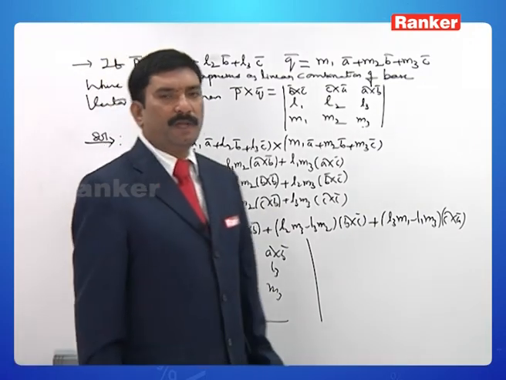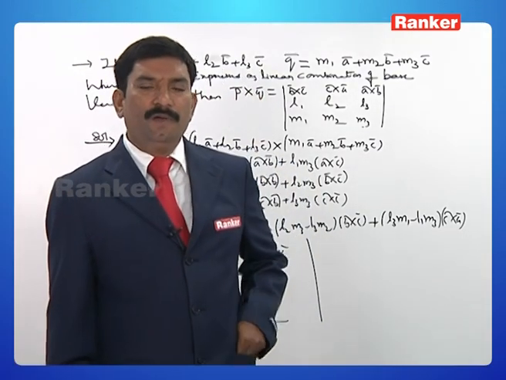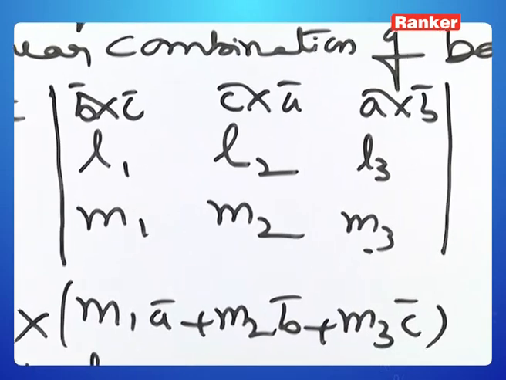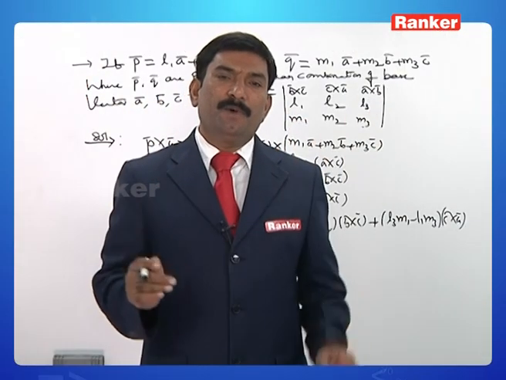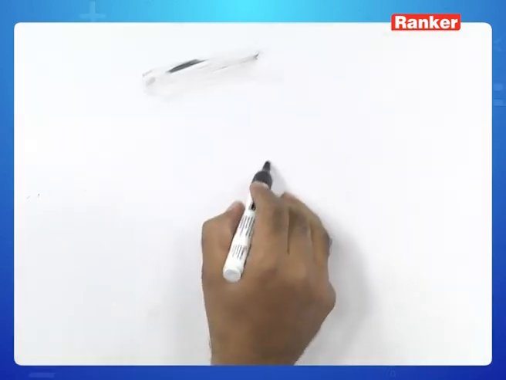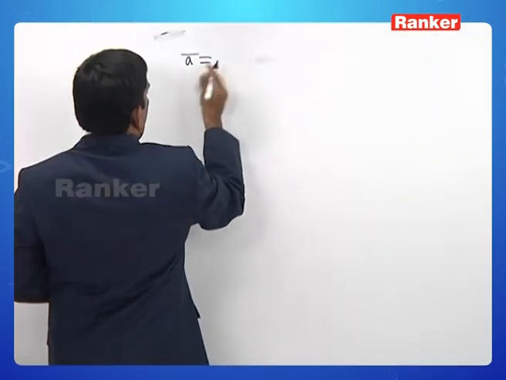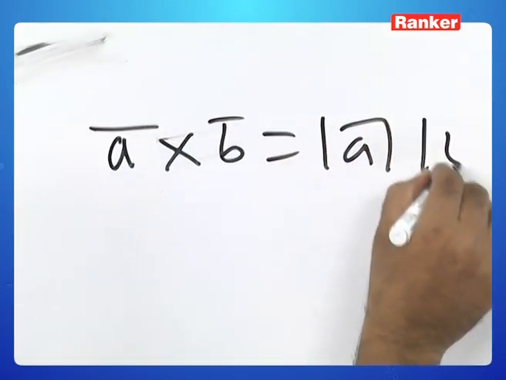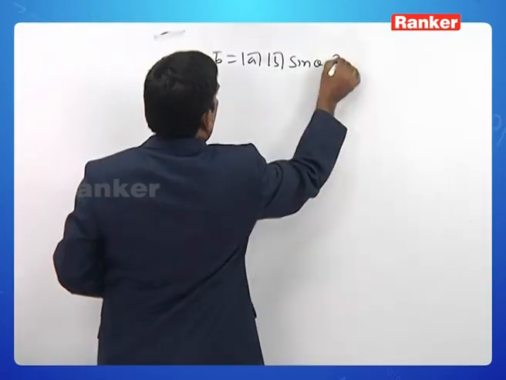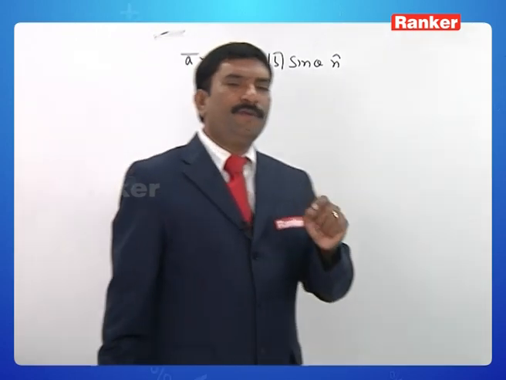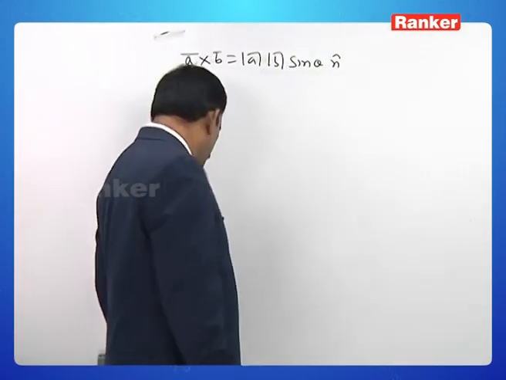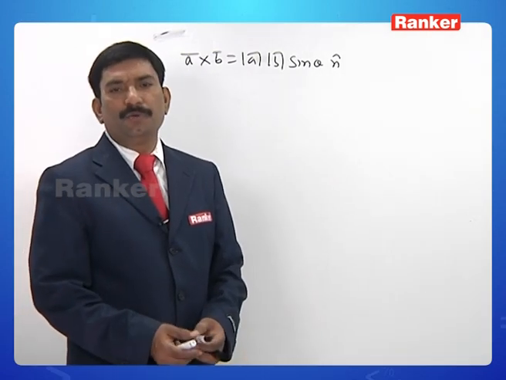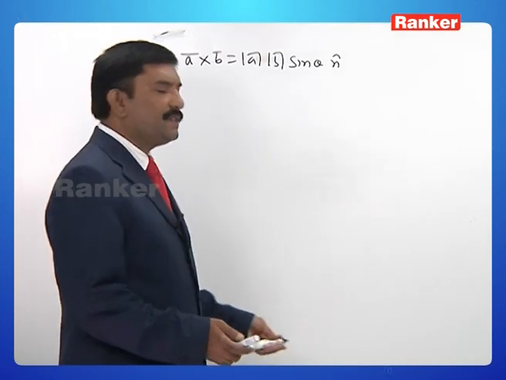This is how you can expand P bar cross Q bar when P bar and Q bar are expressed in terms of A bar, B bar, C bar. Now, A bar cross B bar is equal to mod A into mod B into sine theta into n cap. I want to find the angle between the two vectors by using sine theta.